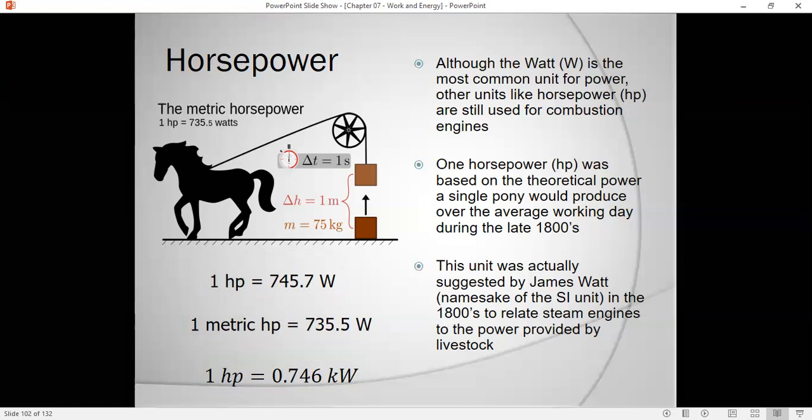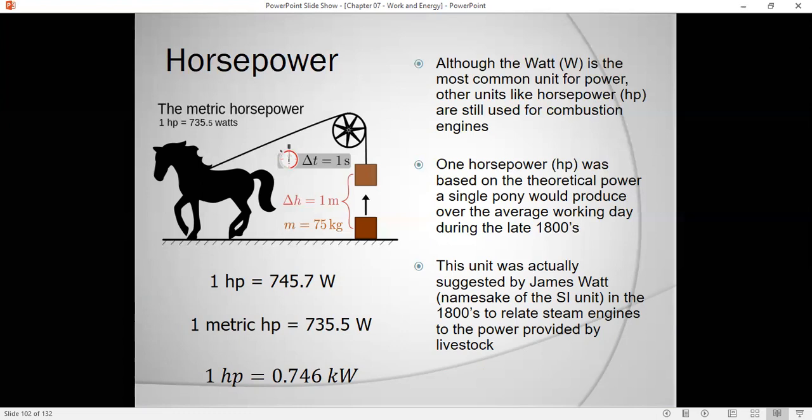And the way that this unit was devised was, it wasn't so much that 1 horse could only have a maximum power of 1 horsepower. It was that over an average workday, if you worked a horse, their energy output divided by the total time that they would have to work would come out to be somewhere around a horsepower. So when they used to come out and sell farm equipment, and they'd say this tractor is so many horsepower, they're basically telling the farmer that if you replace this team of horses with this tractor, it would be able to do the same as X amount of horses, whatever its horsepower was.